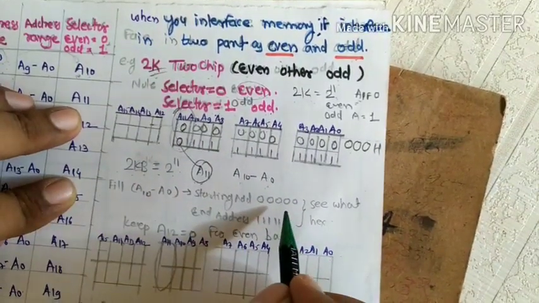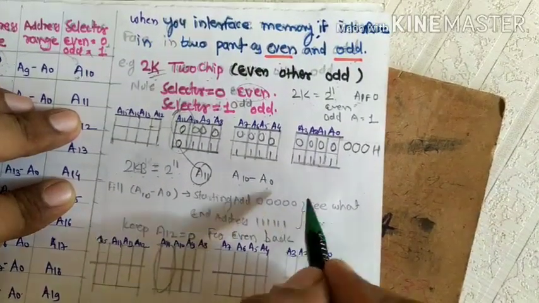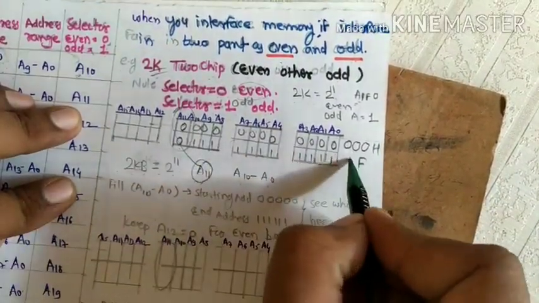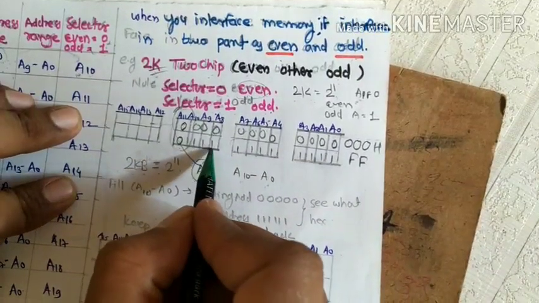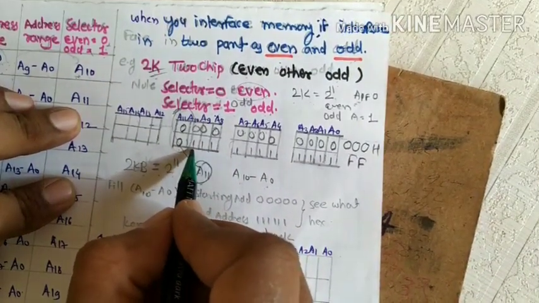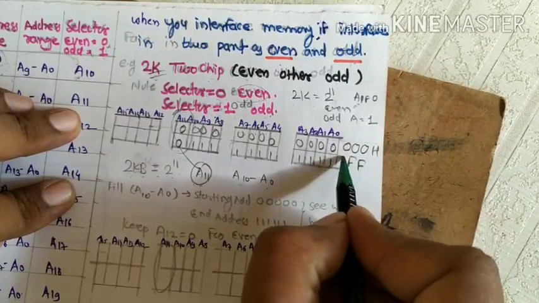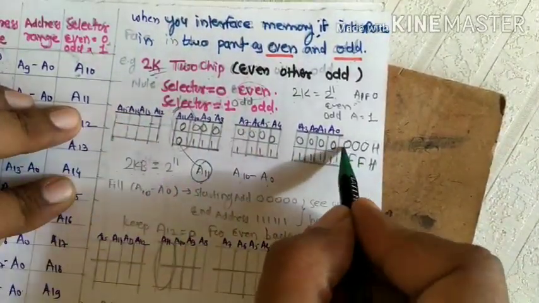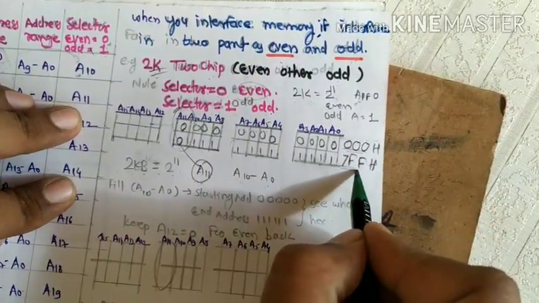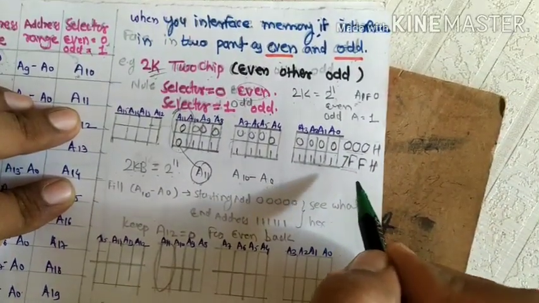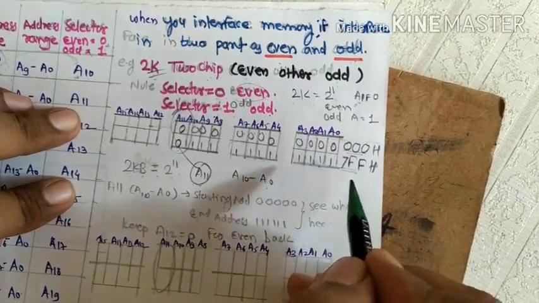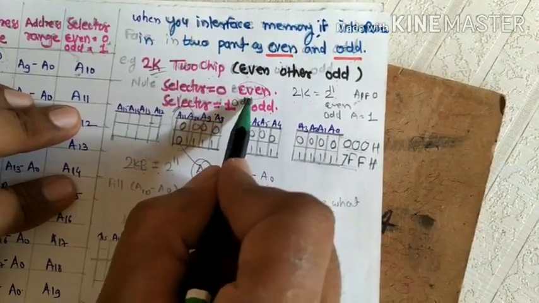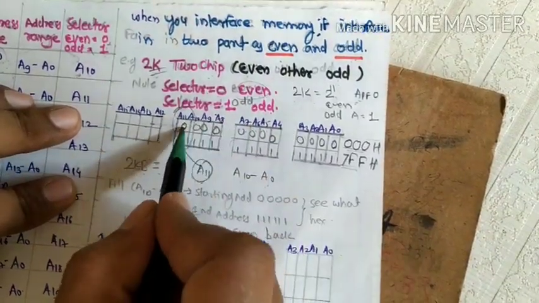Find the hexadecimal equivalent: this nibble is equal to F, this is equal to F. In binary, 111 is equal to 7. So right here, 7. So for the even memory bank, this is the starting address and this is the ending address. Please try to understand: when we design the even memory bank mapping, put the selector equal to 0.